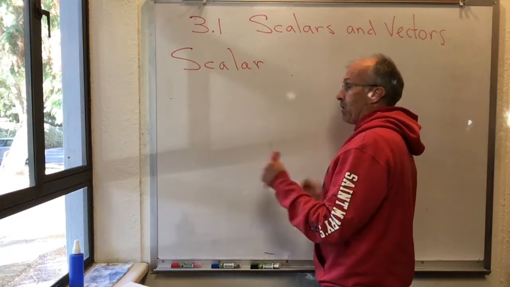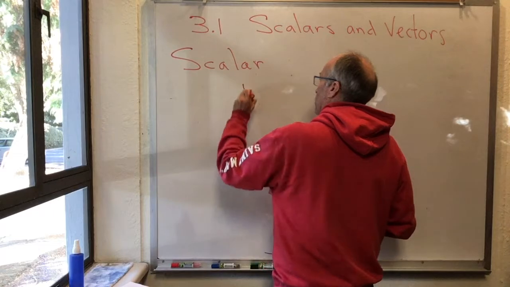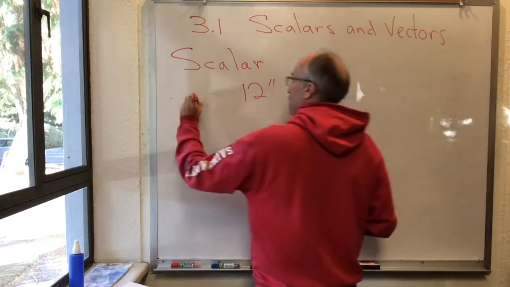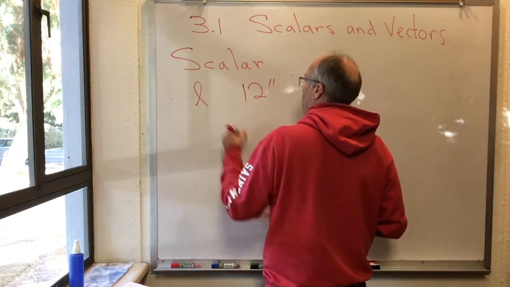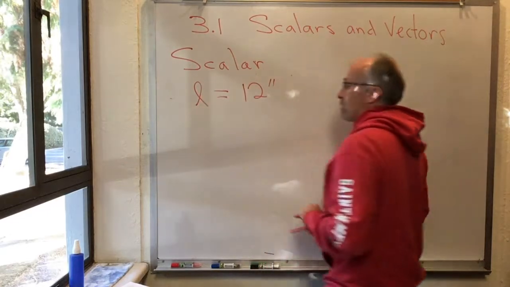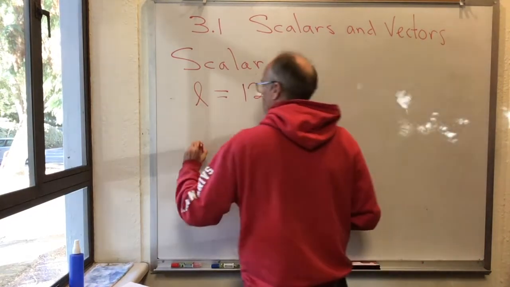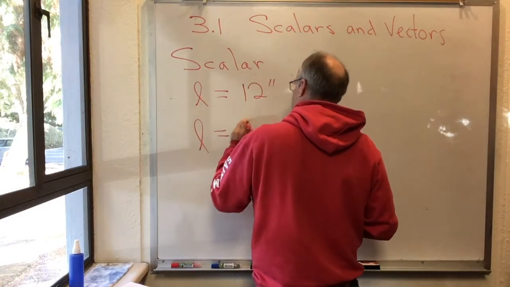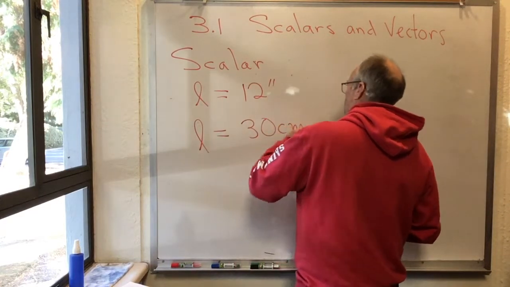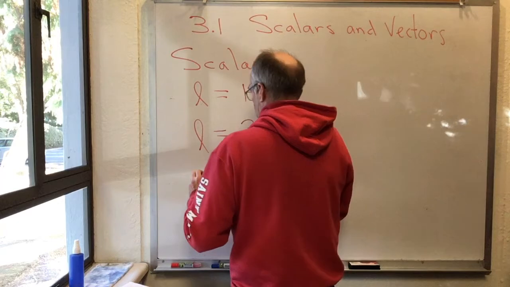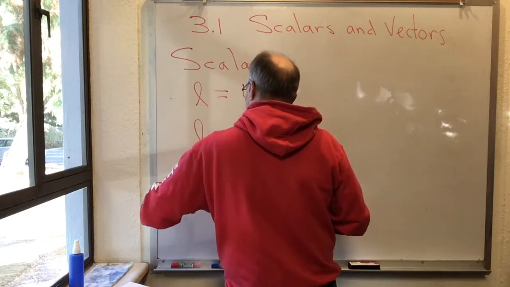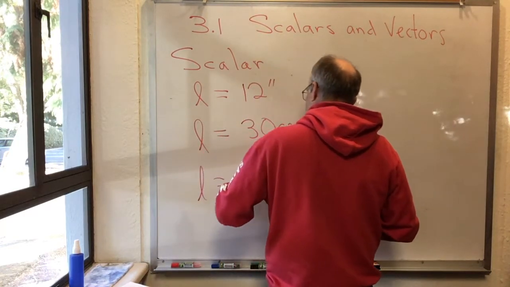And this thing here is about 12 inches in length. Maybe I'll use the letter L for that. So L is 12 inches. Or if you prefer centimeters, L is about 30 centimeters. Or if you prefer meters, L is about 0.3 meters.